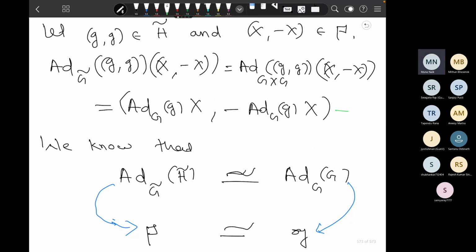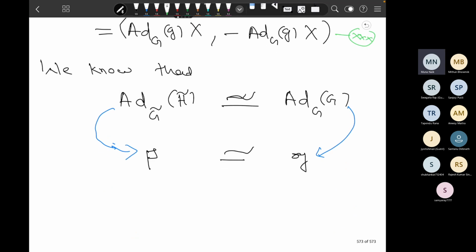Okay, if you look at this triple star, from triple star it is clear that these are really isomorphisms.